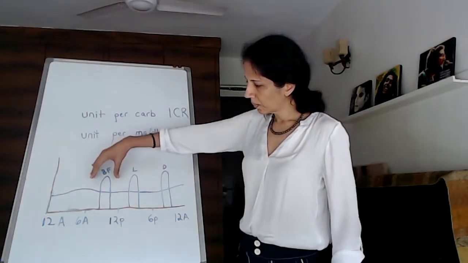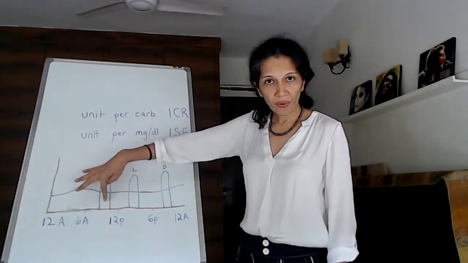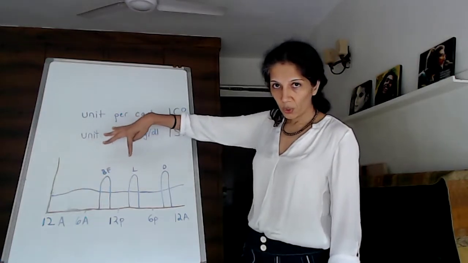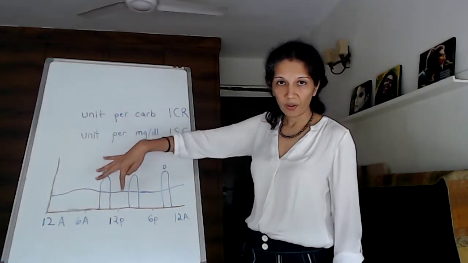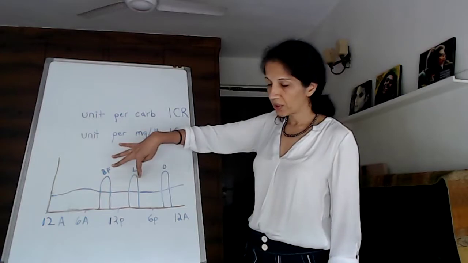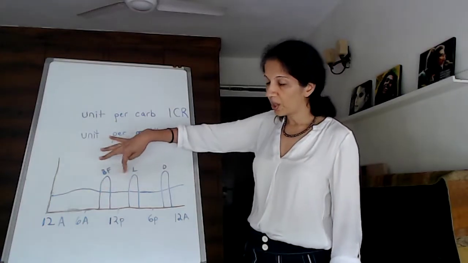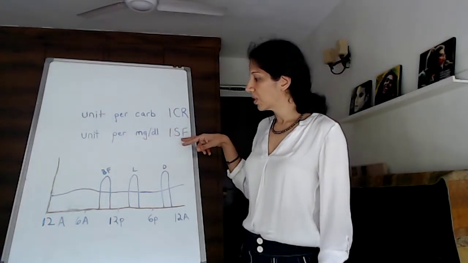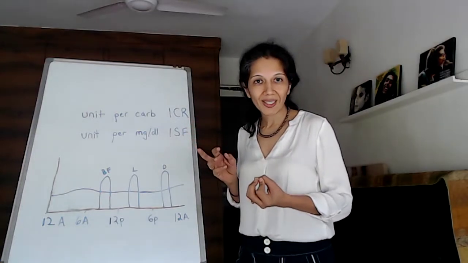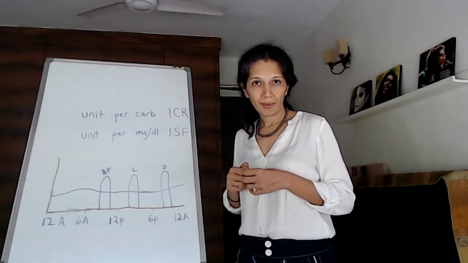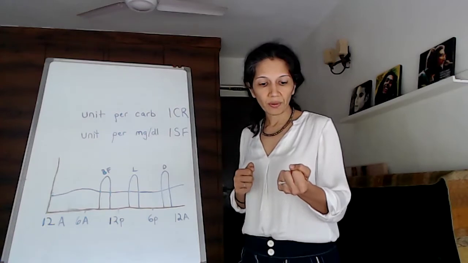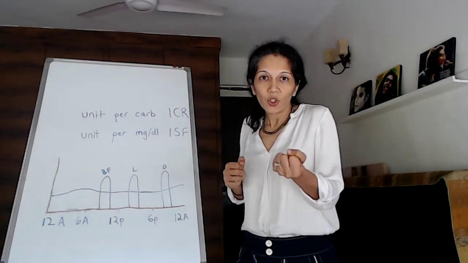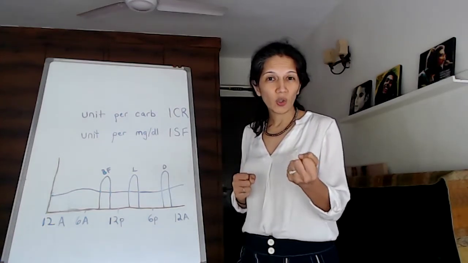So 10 minutes before the meal, you would take your dose according to your insulin carbohydrate ratio, whether it's breakfast or lunch or dinner, and that would cover that food. Now, sometimes when you're about to eat, your sugar is high, and you are counting the insulin for, let's say, the banana, but your starting sugar before the banana is already 200.